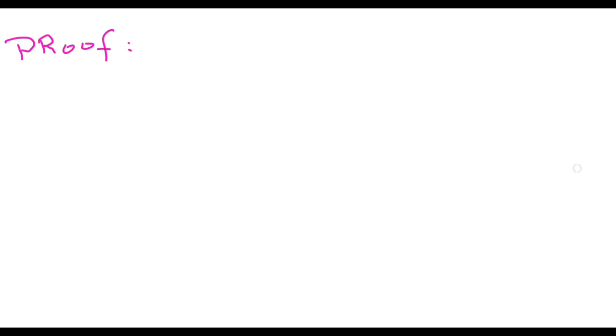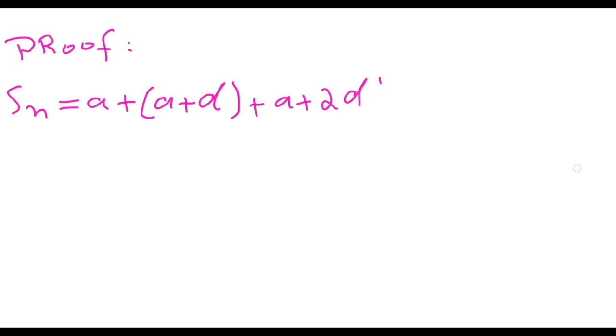So I'm going to start the proof. Sum of the first n terms of an arithmetic series formula, Sn formula. So Sn is equal to a plus a plus d plus a plus 2d plus so on plus Tn.